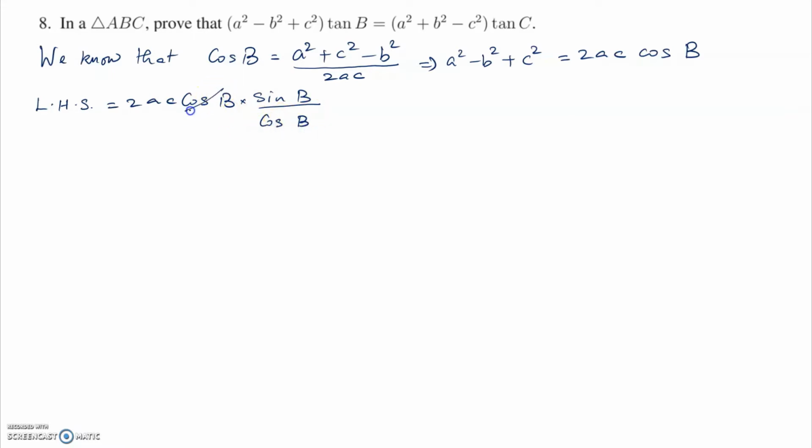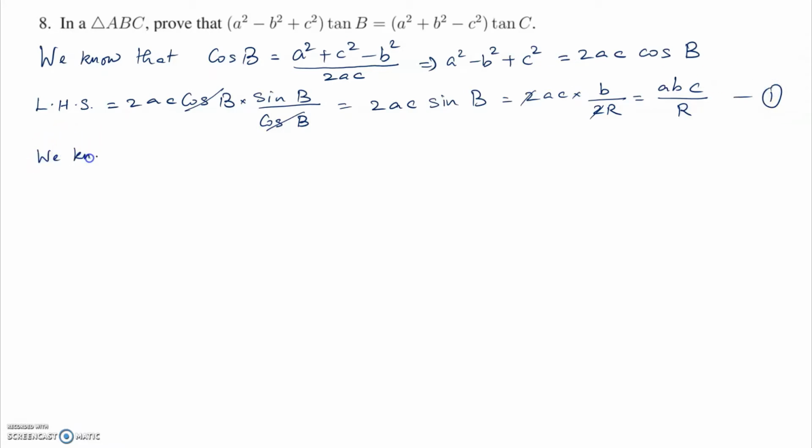So here cos b and cos b will be cancelled, and you will be left with 2ac sin b. Now we know sin b can be rewritten as b by 2r. So this is 2ac into b by 2r. 2 and 2 will be cancelled, so you will be left with abc divided by r.